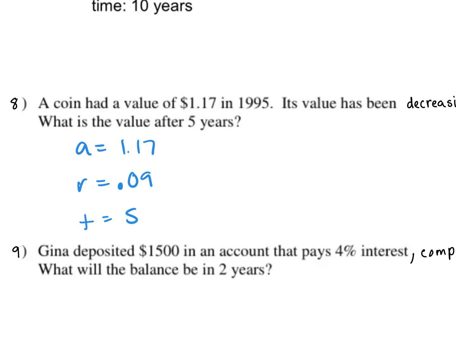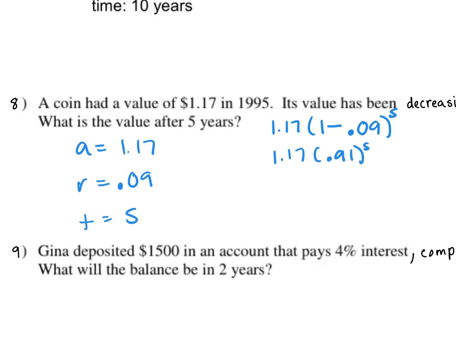So let's plug everything into our formula. I have 1.17 times 1. What comes next? Minus, because it's decreasing. So anytime it says decreasing, you subtract in the middle. So 0.09 to the power of 5. What do I have to do first? Subtract. So 1 minus 0.09, 0.91.